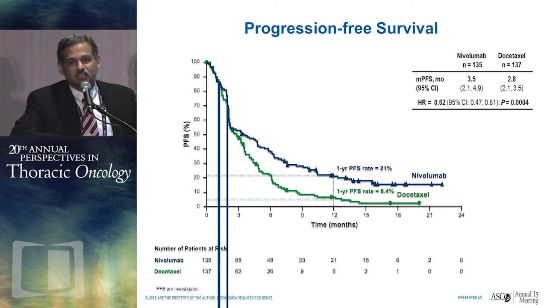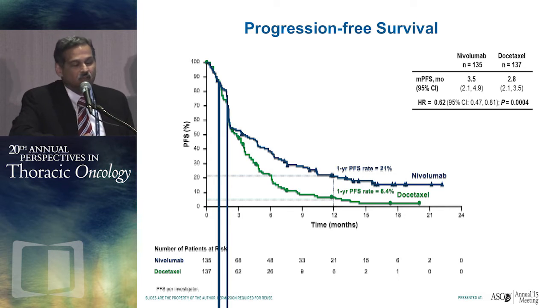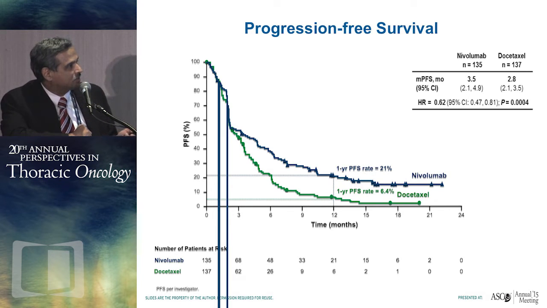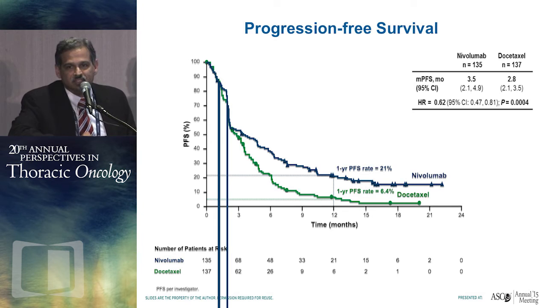Now, it's worthwhile to understand the efficacy of this drug, and to look at the progression-free survival. If you look at these curves, you can see in the beginning there's almost no difference between patients who receive nivo and patients who receive docetaxel. It's later on that the difference emerges, and at 1 year there is almost a tripling of progression-free survival.